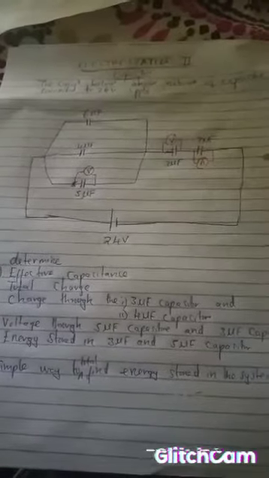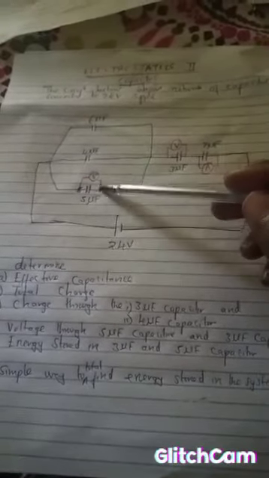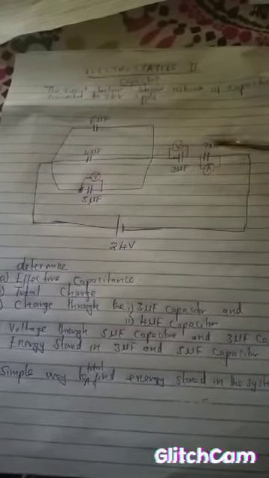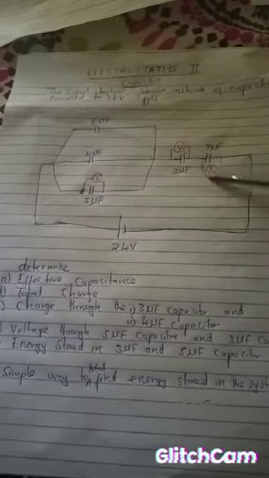From the question, we want to determine the voltage across the 5 microfarad capacitor, the voltage across the 3 microfarad capacitor, which is in series, and lastly, the ammeter reading or the current passing through the 7 microfarad capacitor.